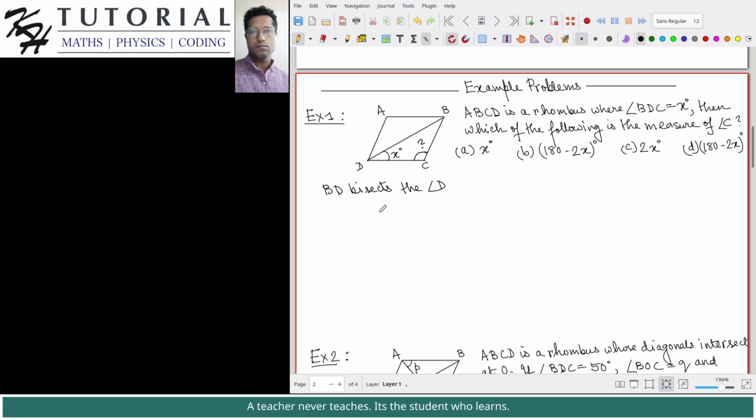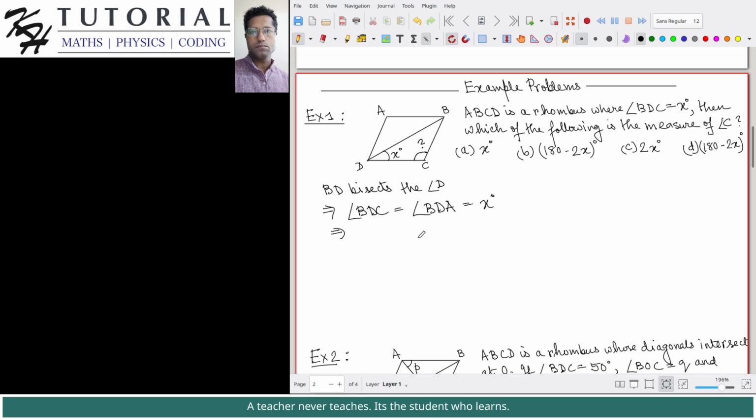So BD will bisect the angle D. This will imply that angle BDC will be equal to angle BDA. Angle BDC and angle BDA are the two angles into which angle D has been bisected by the diagonal BD.